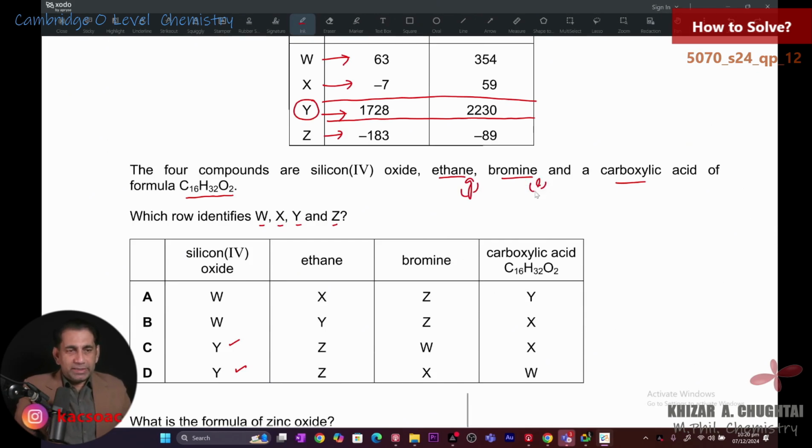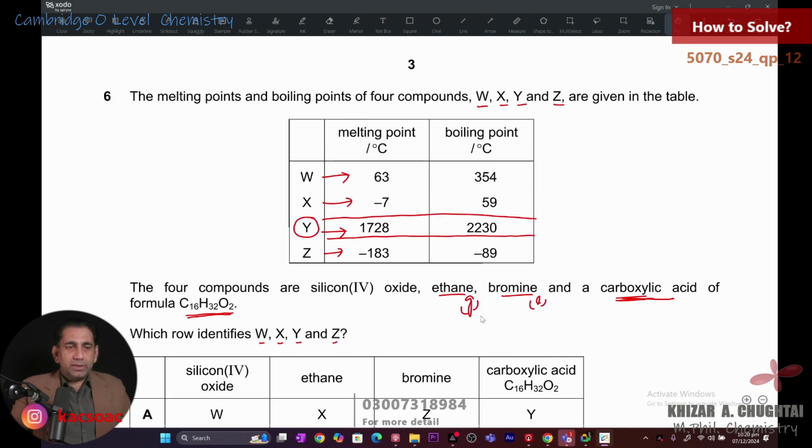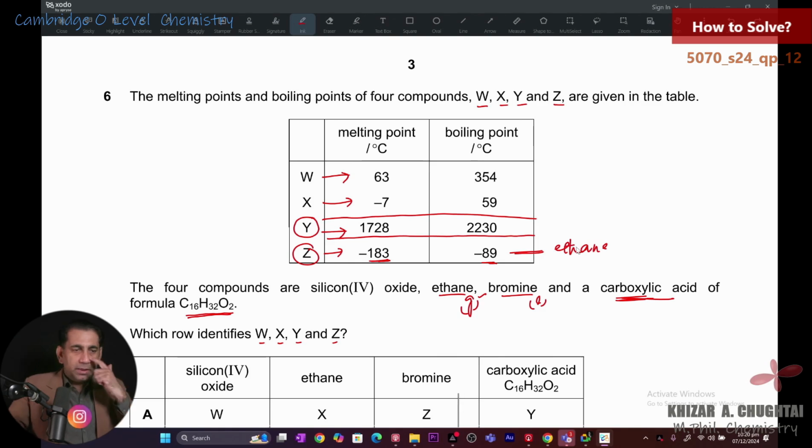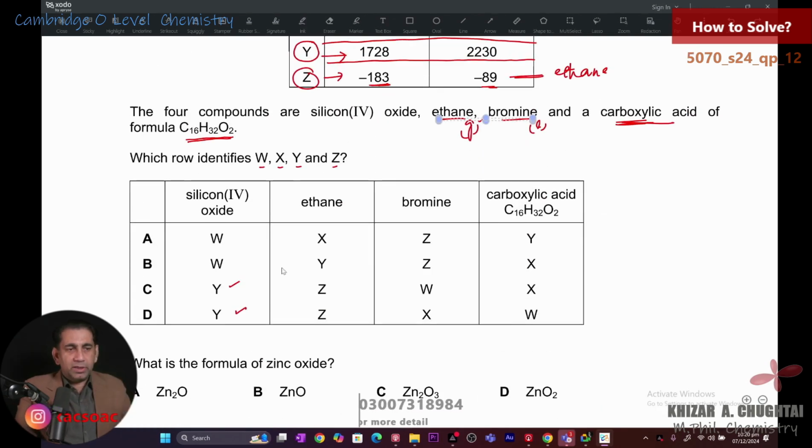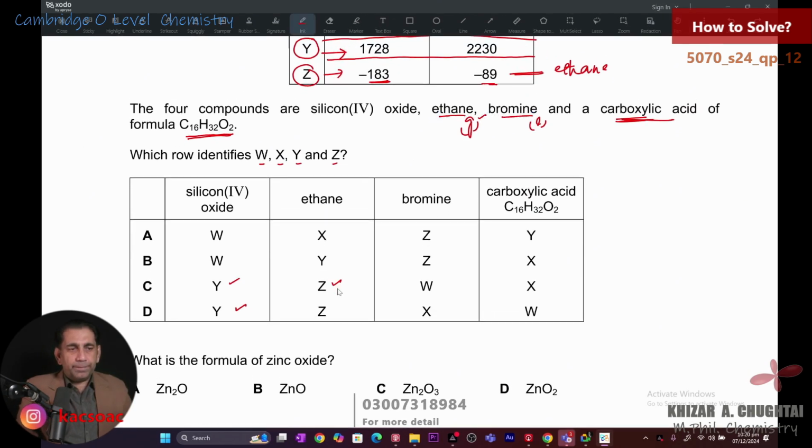Bromine is basically a liquid; most samples of bromine are liquid at room temperature. And we don't know exactly about the carboxylic acid, as it has 16 carbons. So among these, ethane should be Z, because it has a low melting and low boiling point, and it's a gas. So Z is basically ethane. Once again, either C or D may be the correct option.